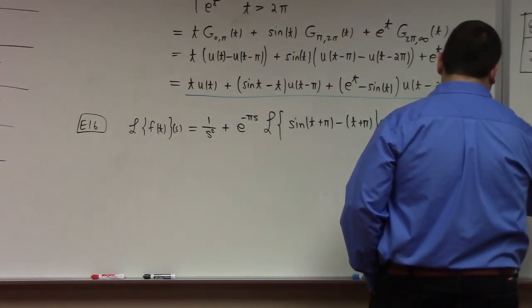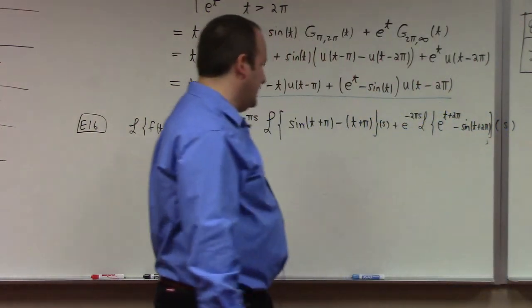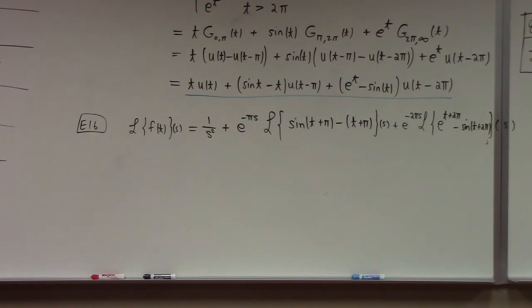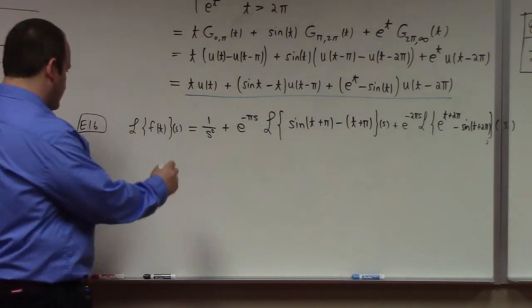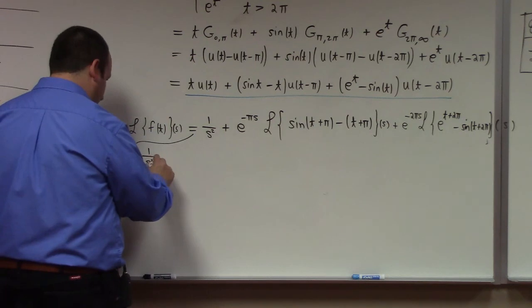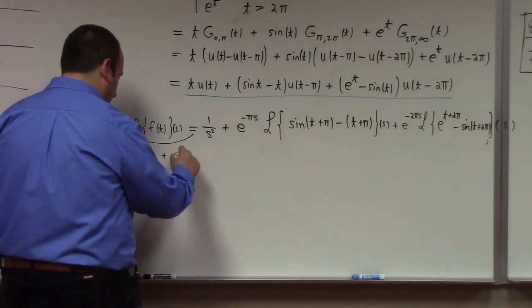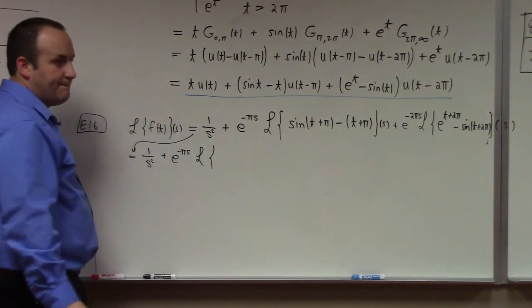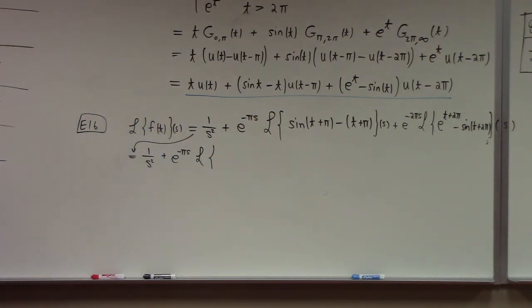Now this problem is a little bit forgiving because, well, I guess it's not super forgiving. What happens when you add pi to sine? Where does that take you to? Negative sign.